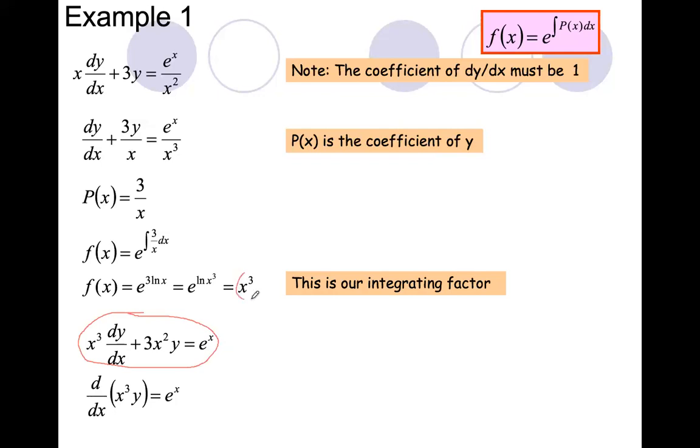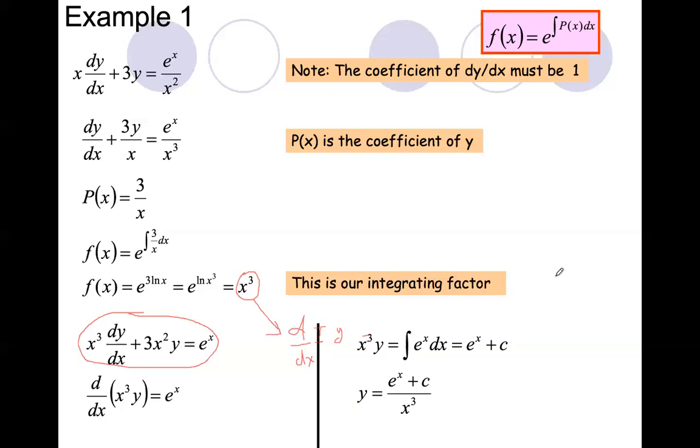After you find your integrating factor, just know that the left-hand side of your equation will be d over dx of your integrating factor times y equals some function on the right. So after you arrange, you will always have this. And so your x cubed y should be the integral of e raised to the power x dx, which should give you e raised to the power x plus c, and you can solve for y.